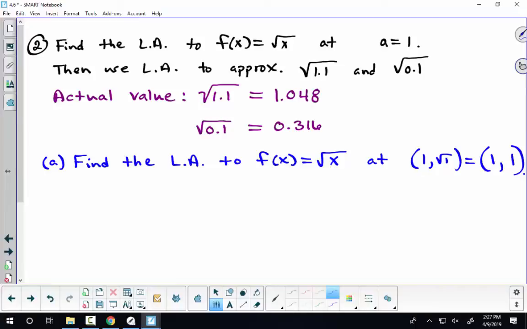Okay. So now we just plug in the point and use that line to approximate.